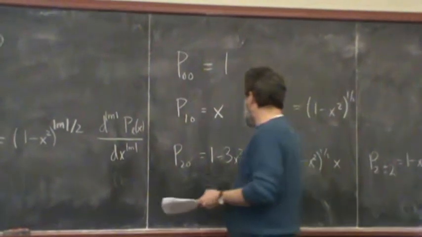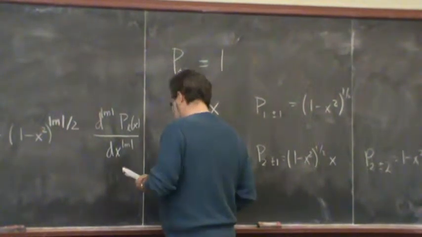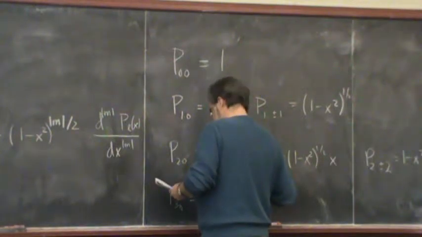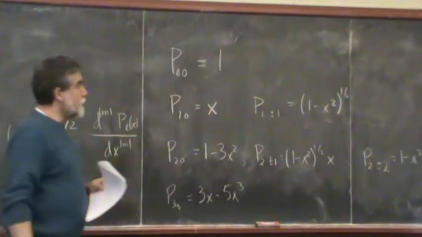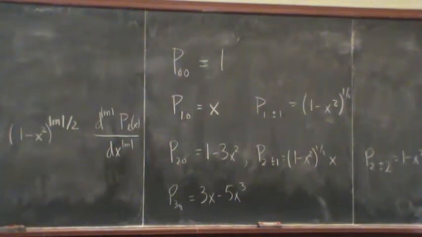And then maybe I'll leave P_3's to you. Figure out 3x minus 5x cubed. And then you can just take derivatives in order to find out what the rest of the values are.